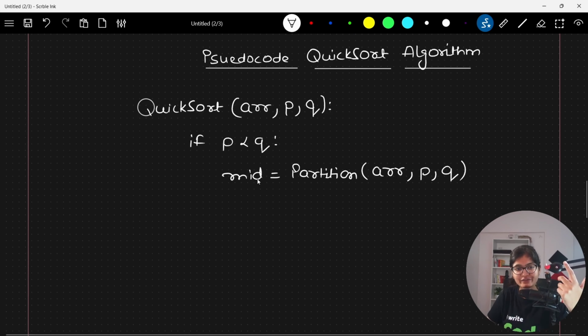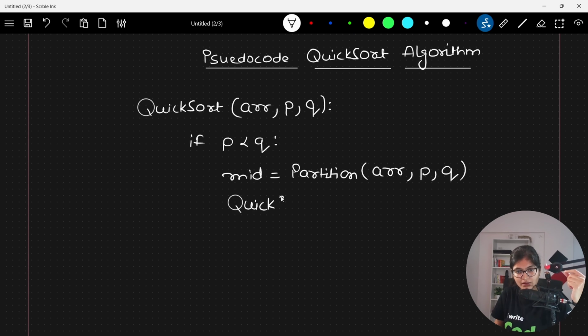And after that, we will again call the quicksort algorithm for the left side and the right side recursion. So R of P until the value of M minus 1, as I already talked about. So here again, the recursion will happen.